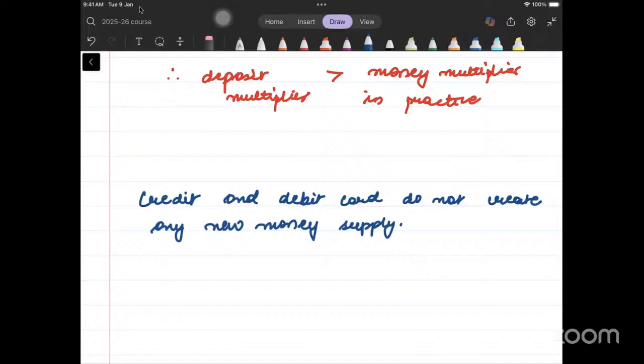They're not creating any new money supply, but they are actually the instruments which are helping us understand how much money people will hold, right? जैसे credit card की वजह से I can spend more than what money I have, right?